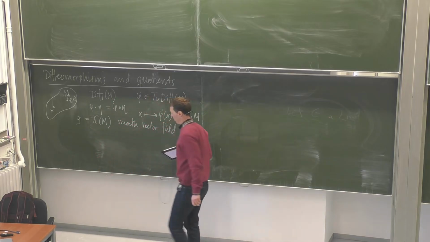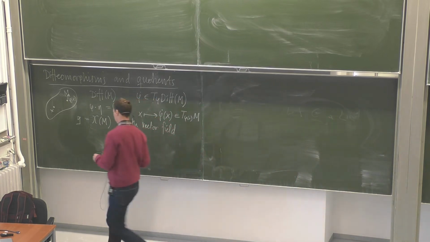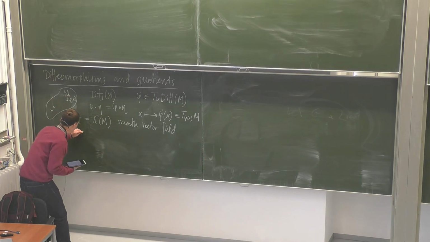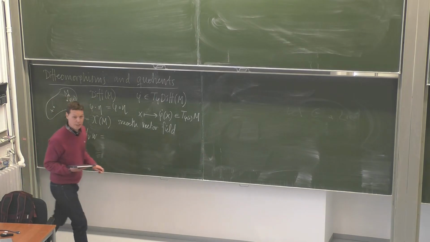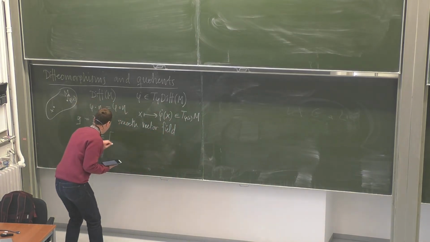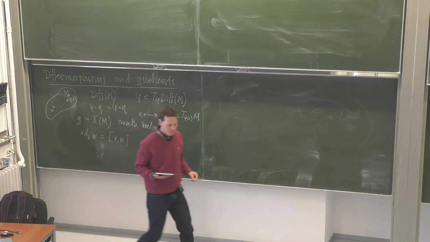And of course, if you have this group structure, it induces some bracket structure as well. So what is the bracket structure? What is ad v acting on w, two vector fields? Well, this would just be the vector field bracket.